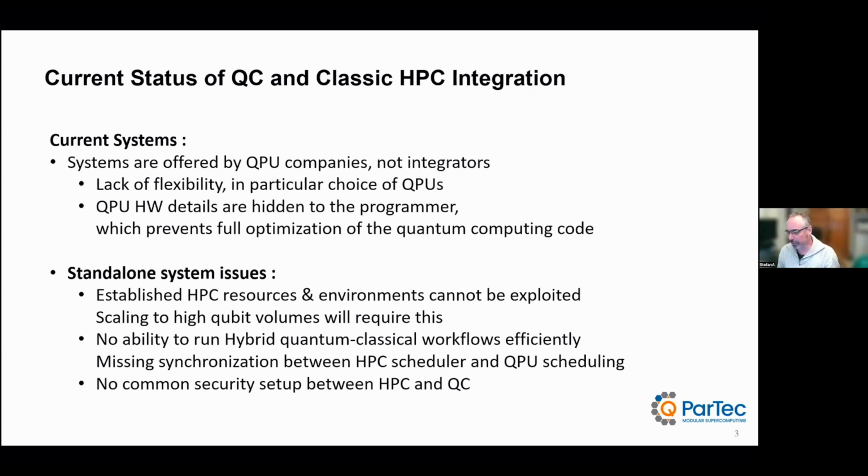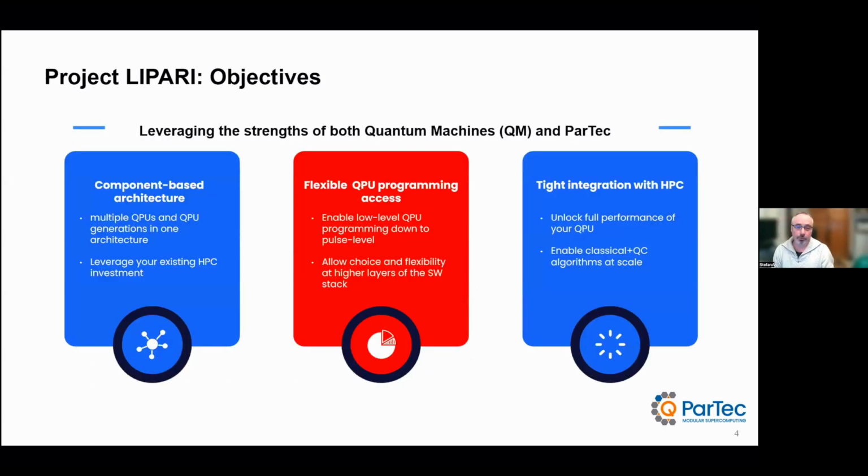I'm going quite fast through the blocks here because I'm limited to 5 minutes. So our idea is to work together with a company called Quantum Machines. I mentioned Jonathan in the beginning, and they don't develop a QPU by themselves. They develop the control unit, which is attached to and controlling the QPU, basically.